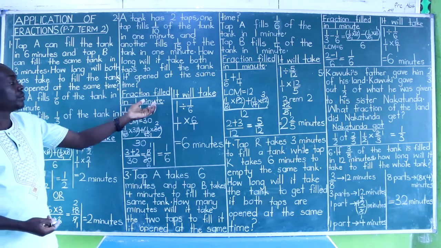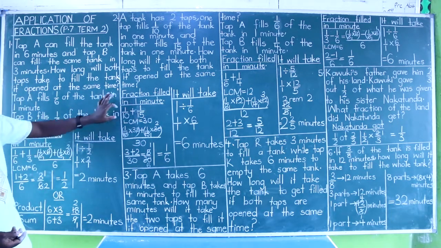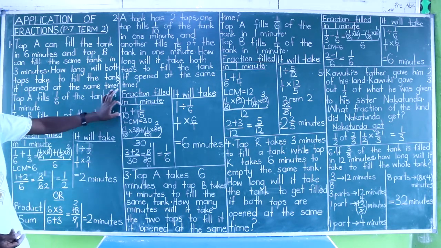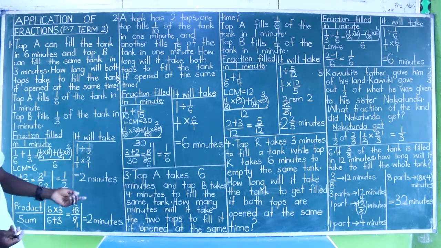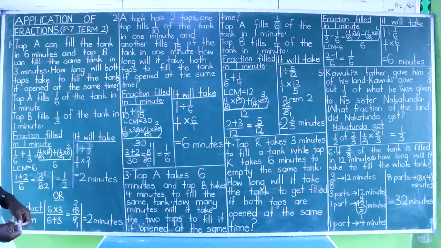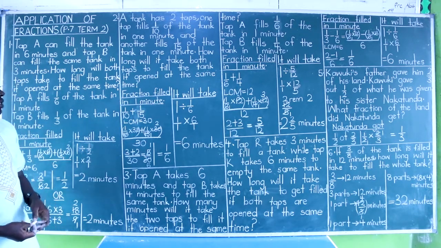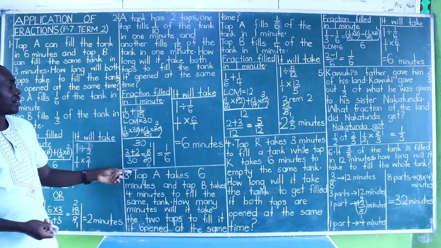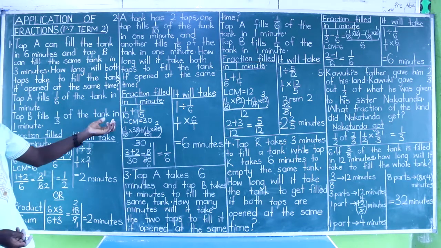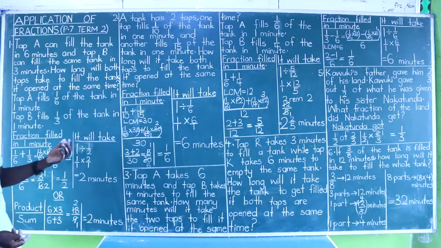Say fraction filled in 1 minute, you use the said a 10th added to a 15th. So you say a 10th plus a 15th, determine the LCM of the denominators 10 and 15, which happens to be 30. Do like you always do in addition of fractions. Write out of 30, thereby multiplying each of the given fractions by, say, 30.